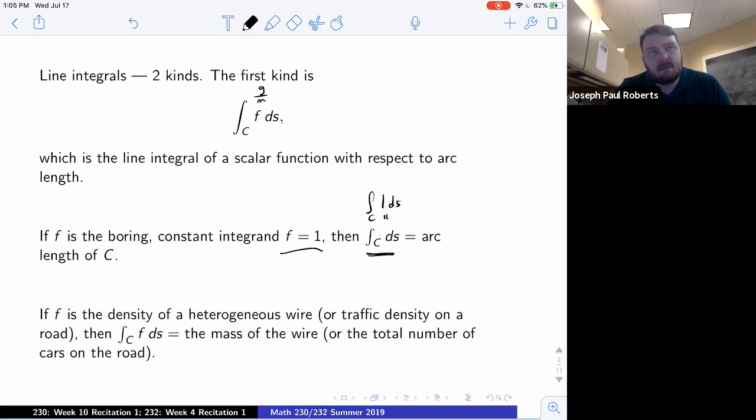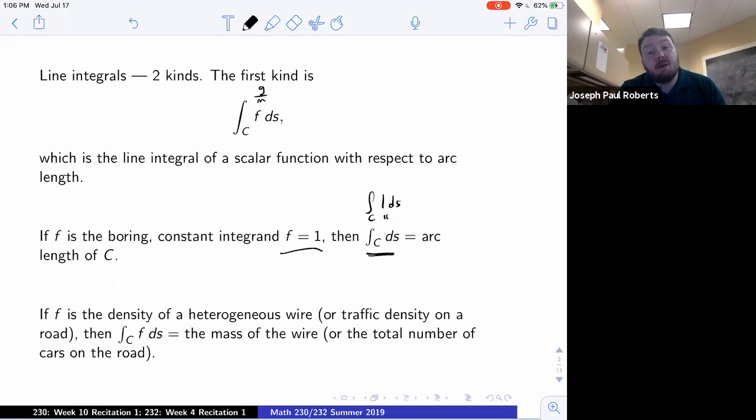So that's the idea. I don't know if this idea of different blends of metals of various densities is a little bit too confusing for you. Maybe just think of f as the density of cars on a road of some sort. So in areas of high congestion, maybe there's, I don't even know what appropriate units are, but you have a certain number of cars per length, in a traffic jam that's very high when you have bumper to bumper traffic.